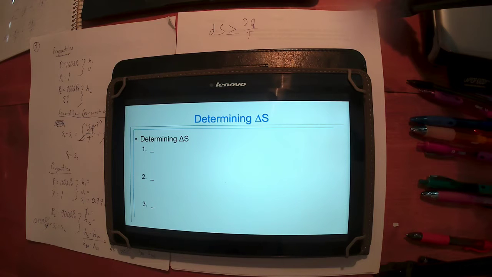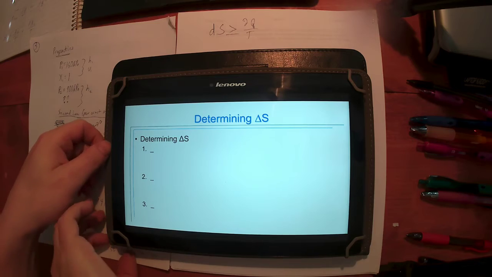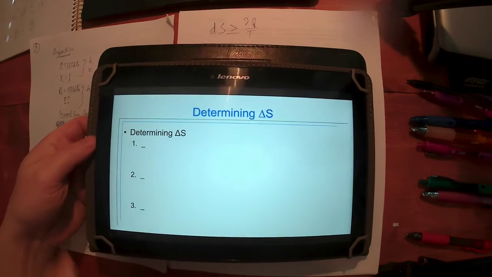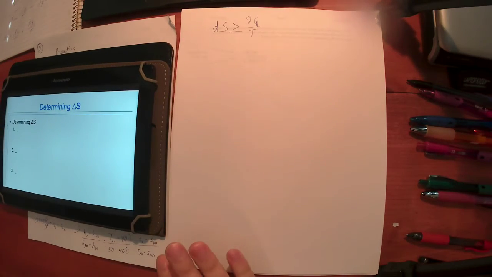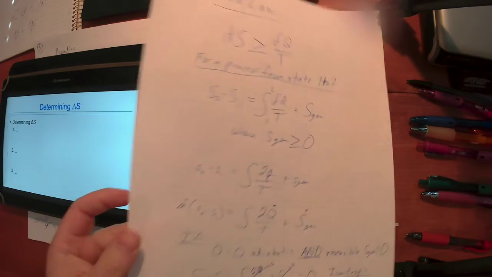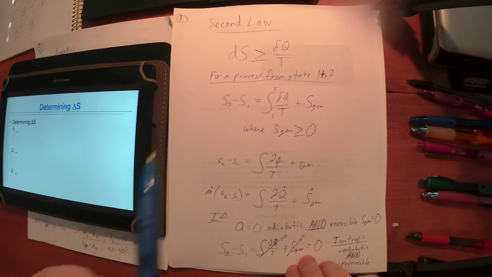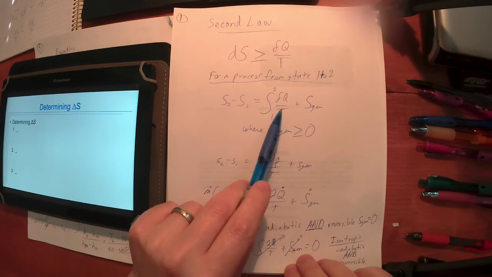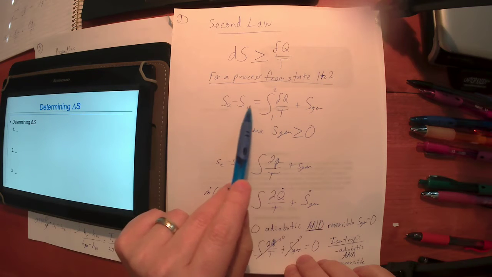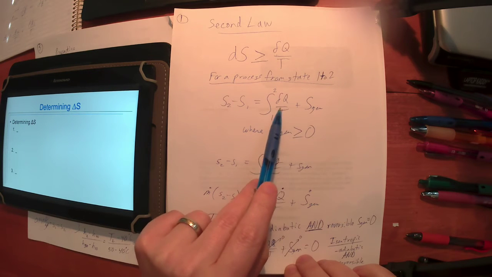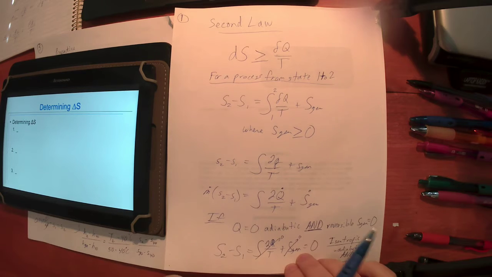Okay. Now, I've taught this course a number of times, and I've learned over the years, let's just talk about how you determine delta S, and why that is important. Well, we go back to the first page of notes here. Remember, delta S is really what drives the second law. And we can cause delta S through two mechanisms: through heat or through irreversibilities.